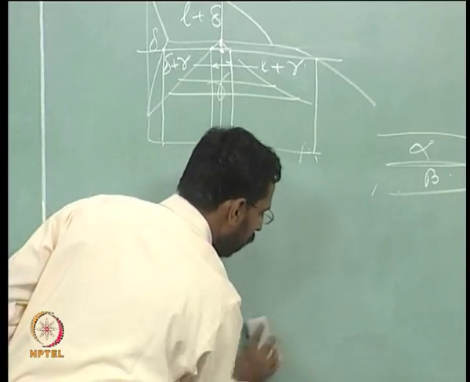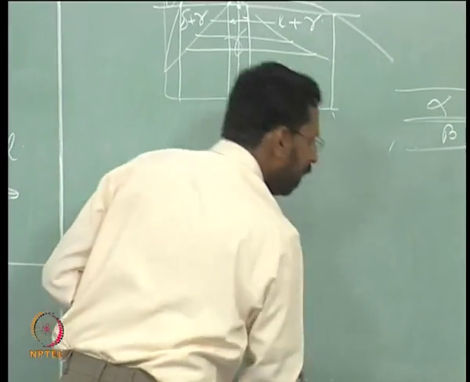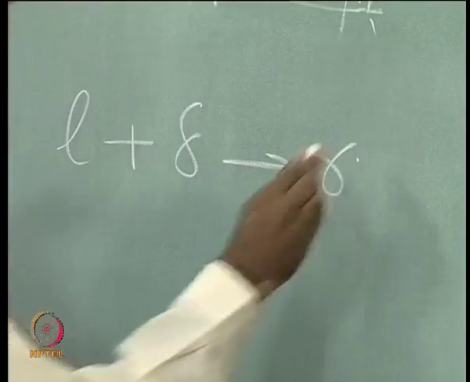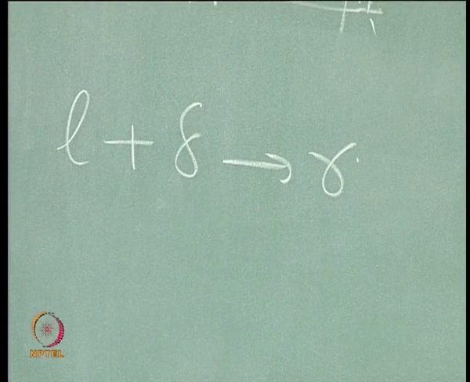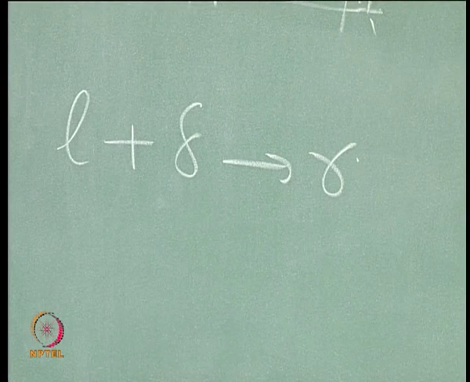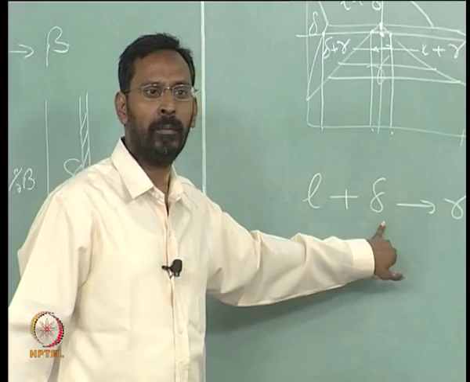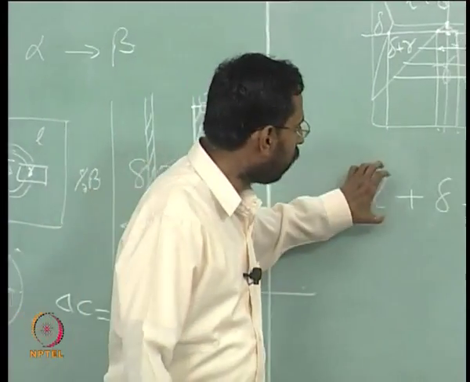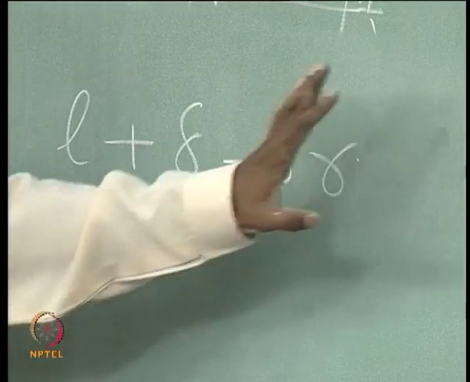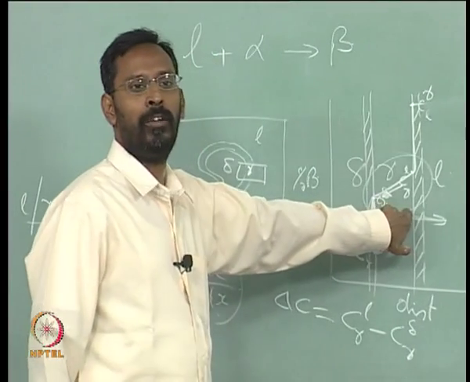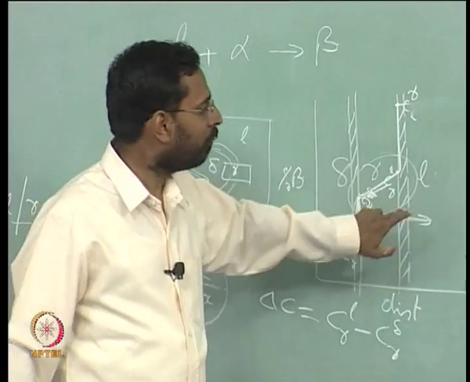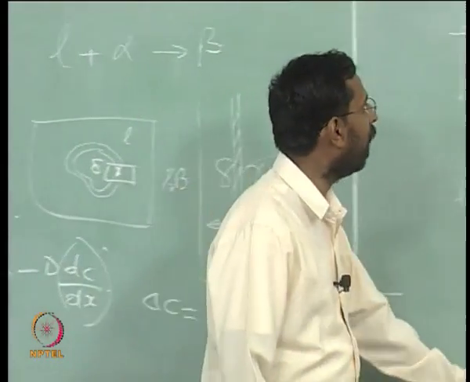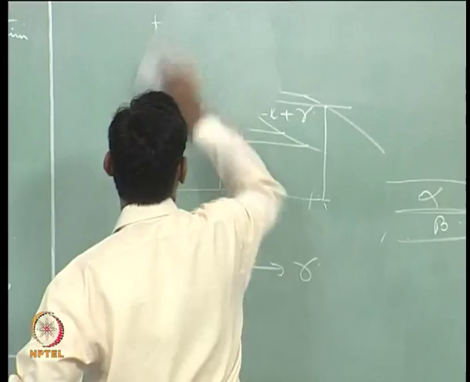Because these reactions are slower, for example, for liquid to react with the delta to give you gamma is not easy, because liquid has a different composition, delta has a different composition, and the resultant gamma has still a different composition, and the structures are different, and also this reaction needs essentially diffusion through the solid state, because of which there can be situations where the reaction may not occur at all, and that can be easily understood if we look at this phase diagram a little more closely.